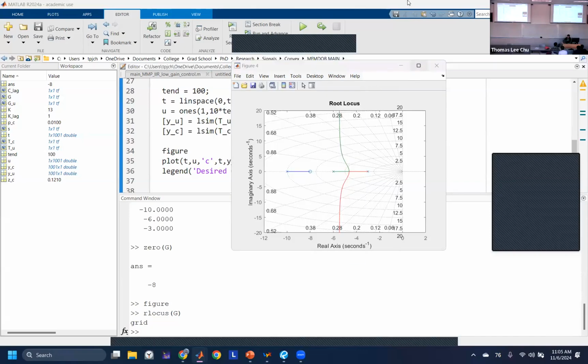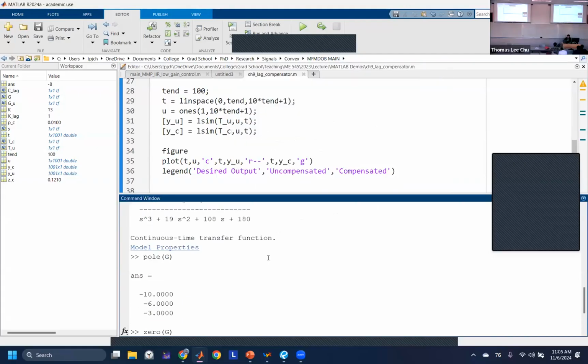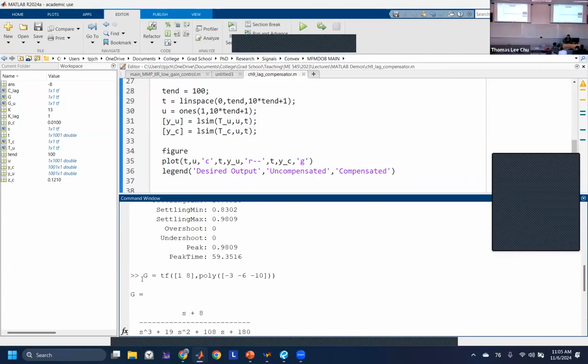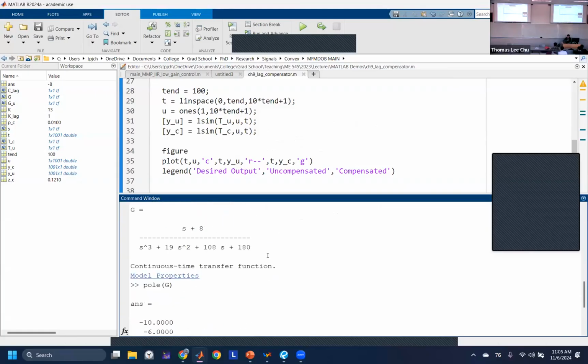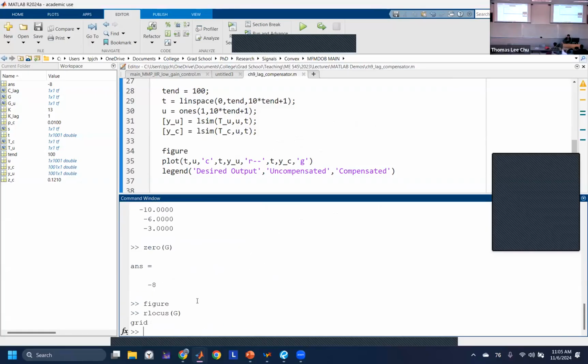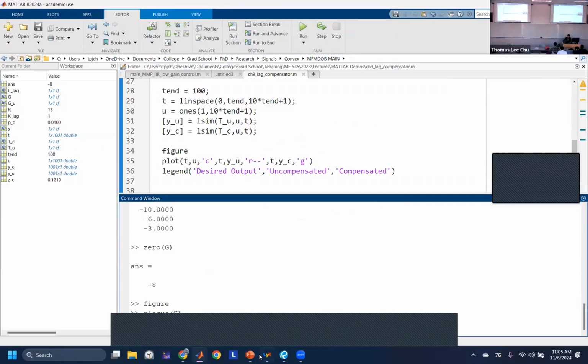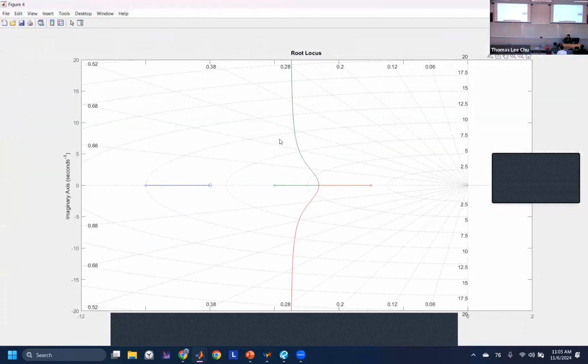Okay. I'll just real quick go over what I did. Basically, I just created my transfer function here using the transfer function command. And from there, I got my open loop transfer function. I ran pole of G and zero of G just to do a sanity check that I have the correct transfer function. Then I did figure and rlocus, and I turned the grid on. Once I plotted that, I got this. From this point on, I'm choosing my damping ratio 0.456, which is going to be right there.